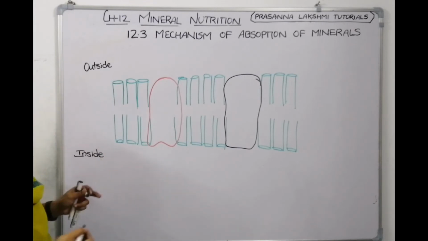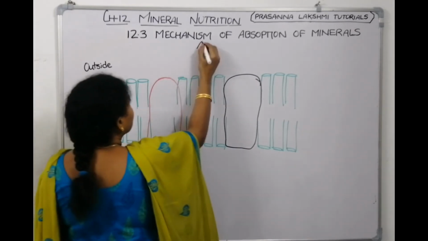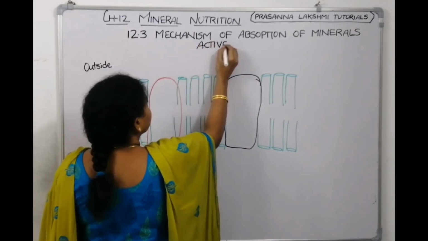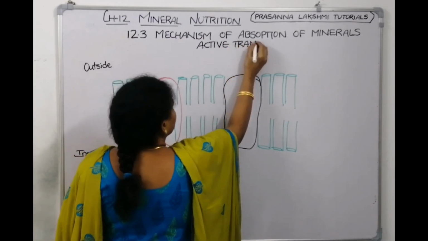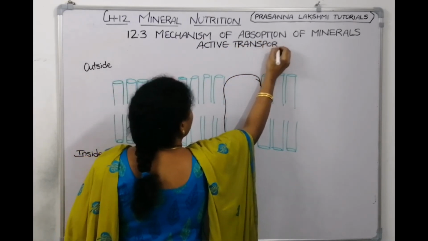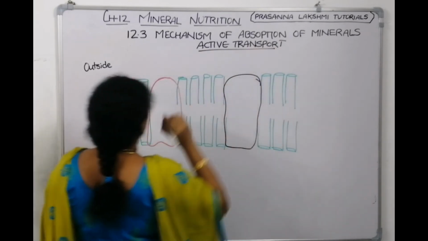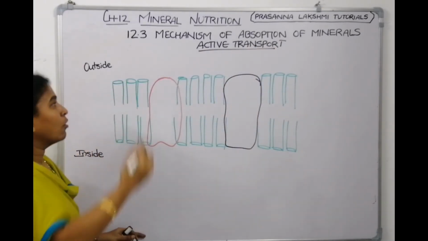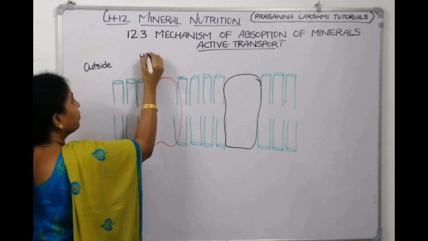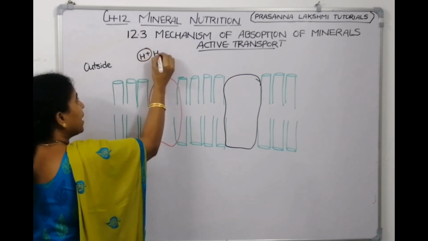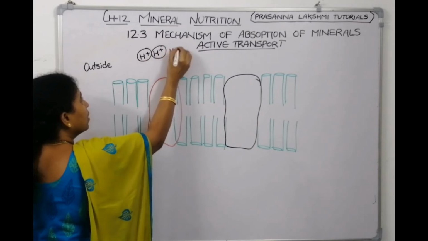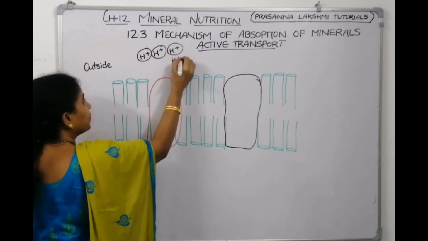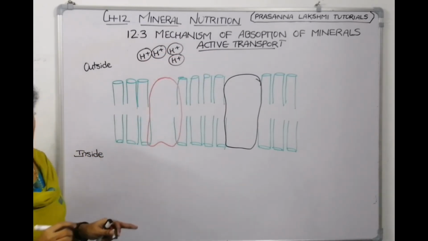If we check the concentration outside, we are talking about active transport, children. Now if you see the H plus ion concentration, usually it will be more on the outside. H plus particles, I am keeping them more on the outside. 4 H plus particles are there.